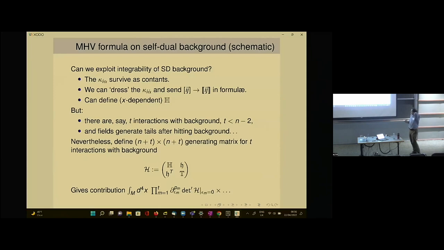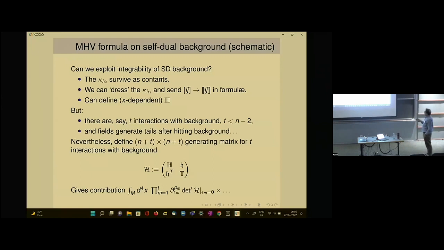And the fact that it's integrable means that it doesn't matter which infinity you use. You can use H plus or H minus. Because it's an integrable system, there's no scattering. I should say that when you do scattering on an ordinary plane wave, one that's not self-dual, that would not be the case. Your plane waves at Scri minus would not evolve through to anything that looked like a plane wave at Scri plus.